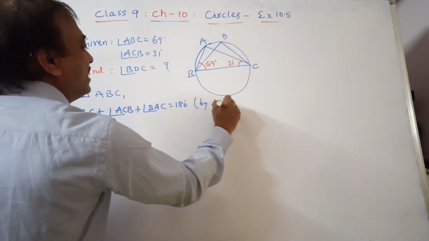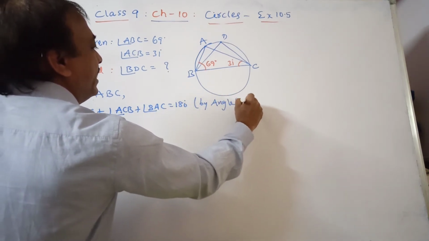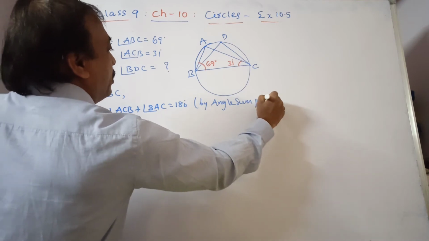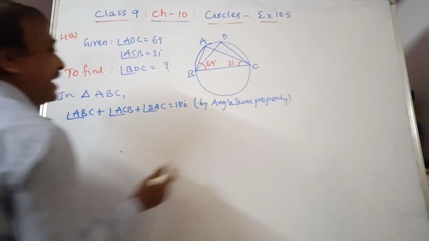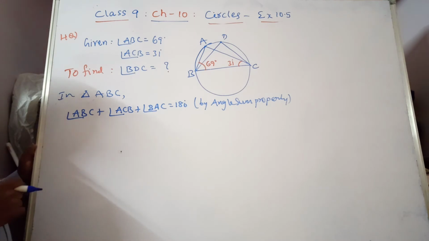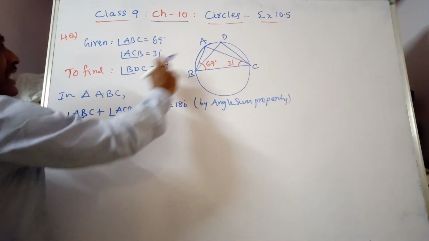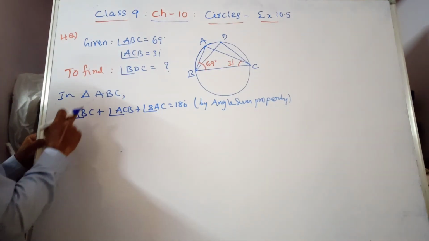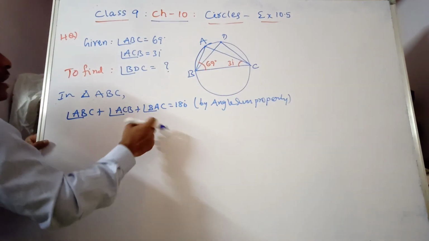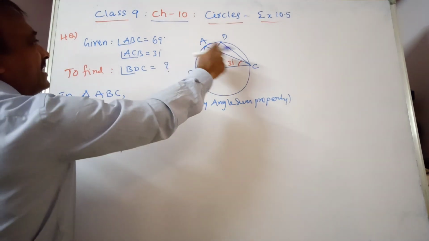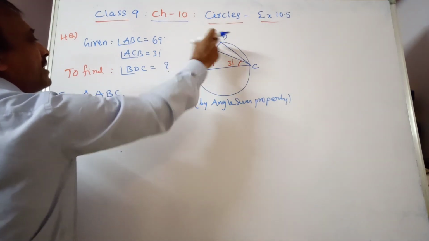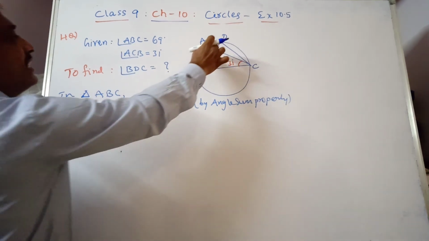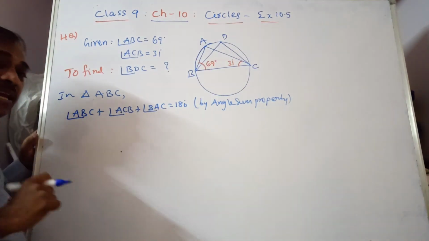By the angle sum property, the sum of the three angles of a triangle is 180 degrees. We have to find angle BDC, so before that we first find angle BAC. BAC and BDC are angles on the same segment of a circle. Angles on the same segment of a circle are equal.